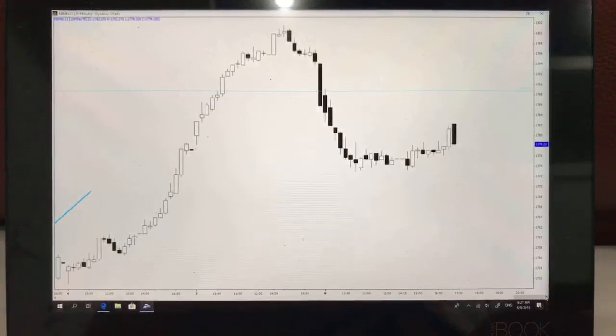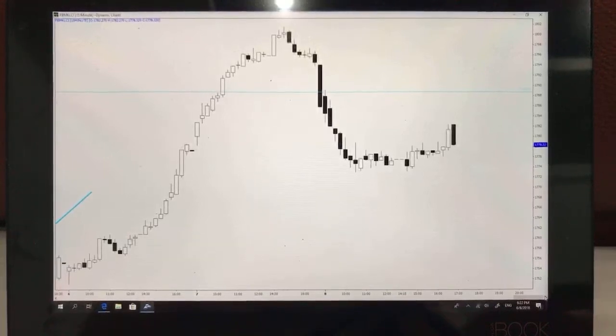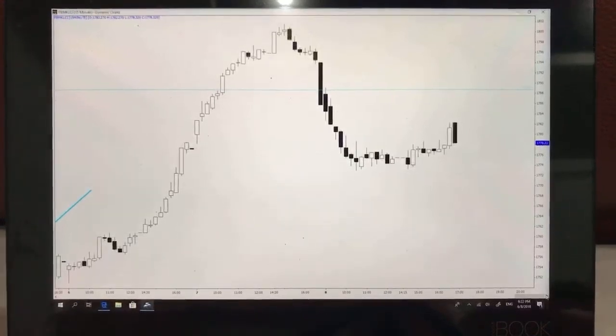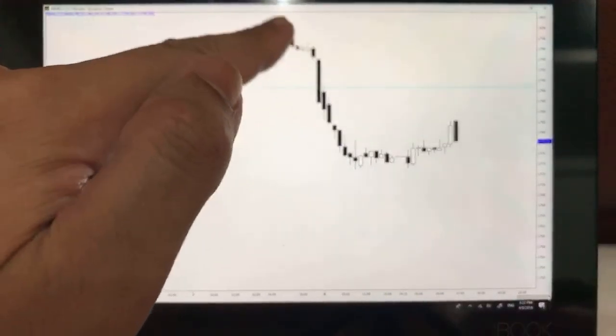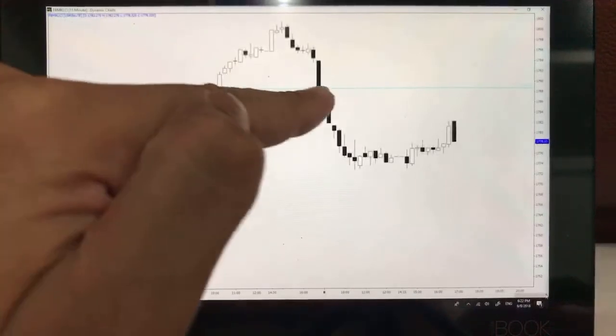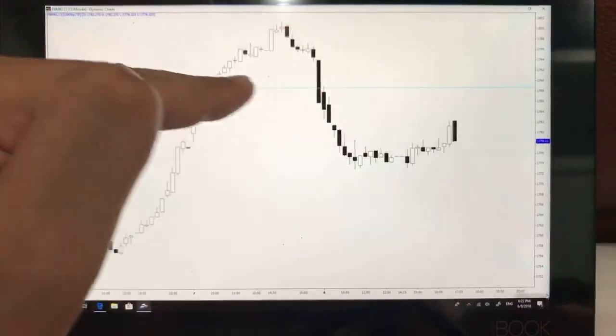Now, we will summarize FBMKL and FCPO. In front of you is a 15-minute chart for FBMKL. You already saw this, right? Yesterday we mentioned this zone.